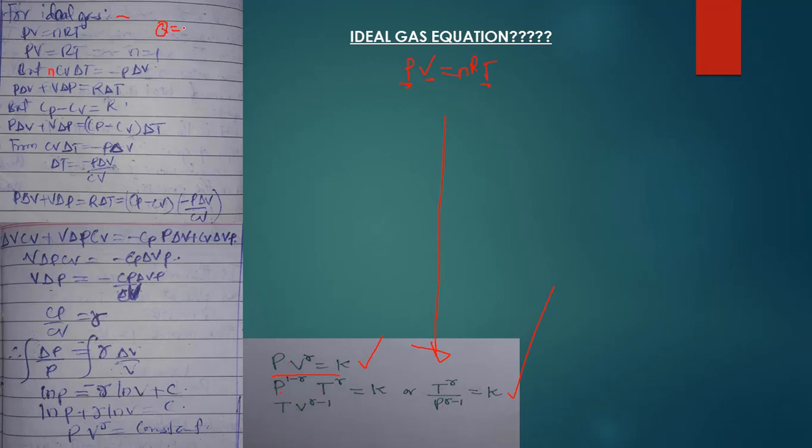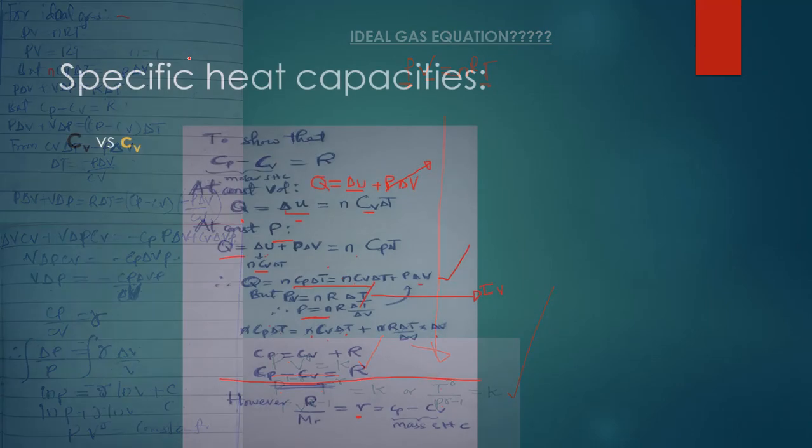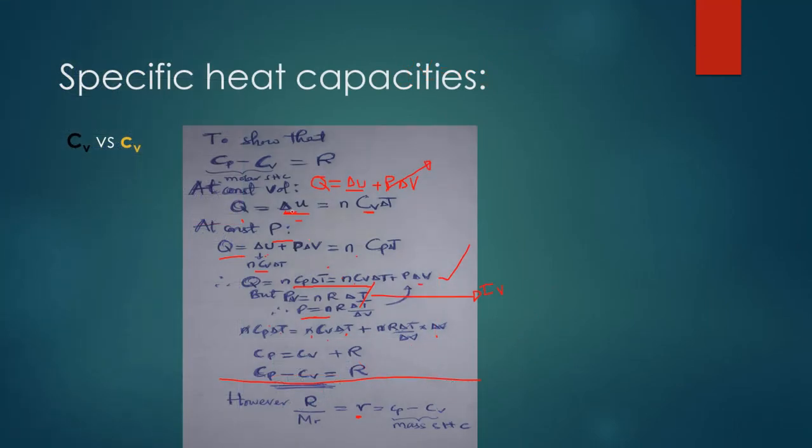Adiabatic Q tumesema ni sawa na 0. So we know for sure kwamba change in internal energy plus work done ambayo ni change in V times P ni sawa na 0, kwa change in internal energy ni sawa na negative P change in V. But if you remember hapa kwenye specific capacity, change in internal energy tulisema ni sawa na nCV change in T, because inakuwa derived kwa consider CV ni at constant volume.